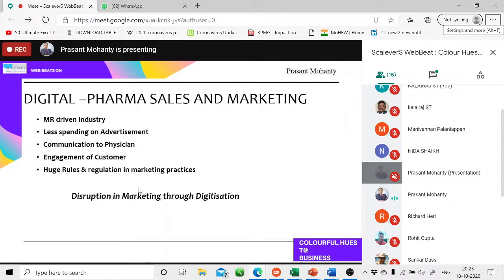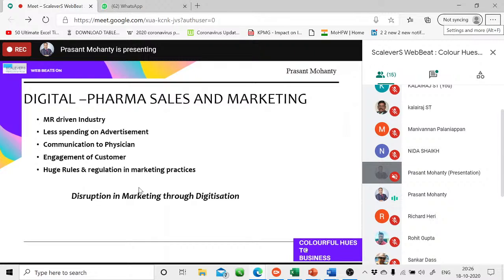Now, coming to what is pertinent for our sales and marketing, we all know that the entire pharma industry is more of an MR-driven industry. Our mode of communication is primarily through MRs, with 70 to 80% of the resources being spent on them. So the industry is very dependent on people, with very little spending on advertisement.